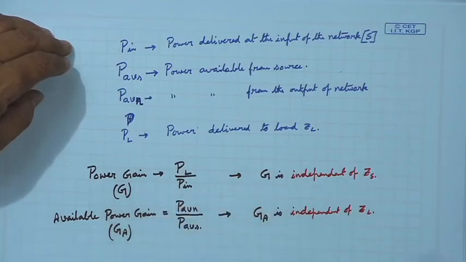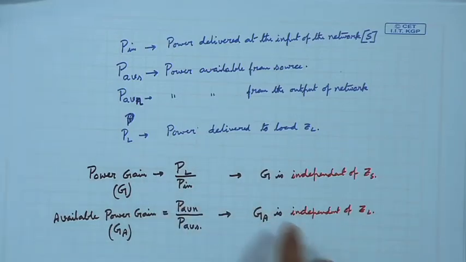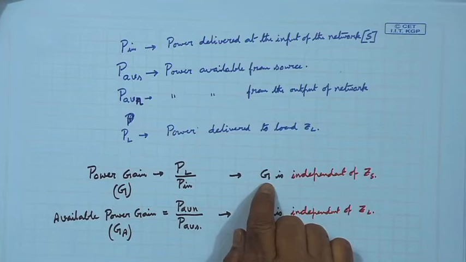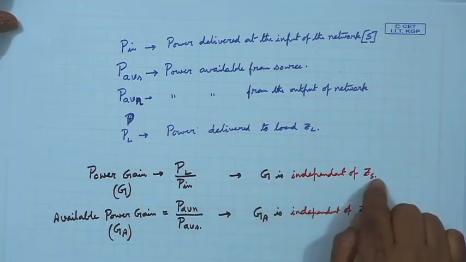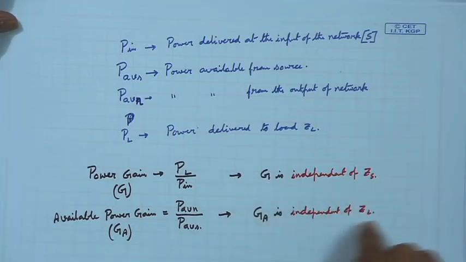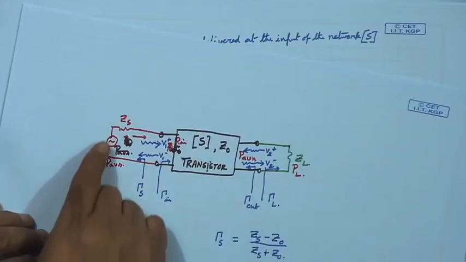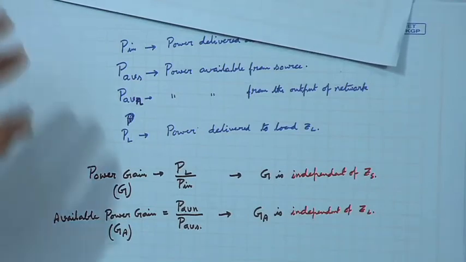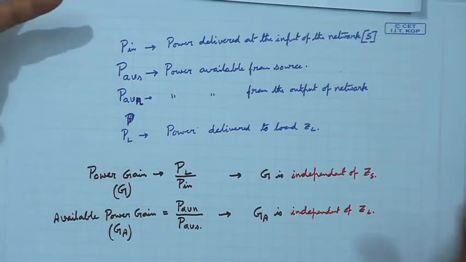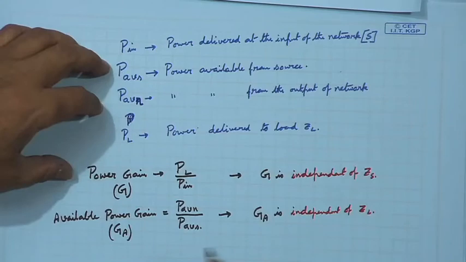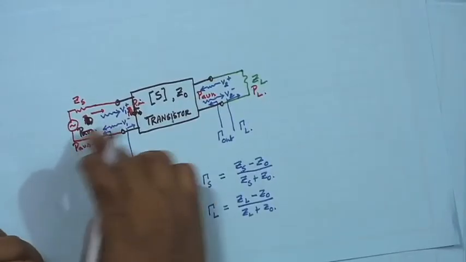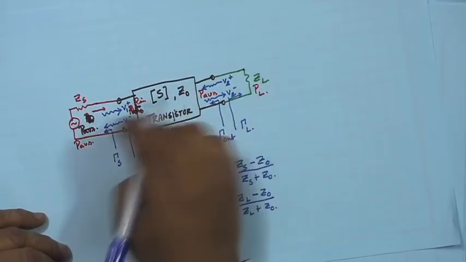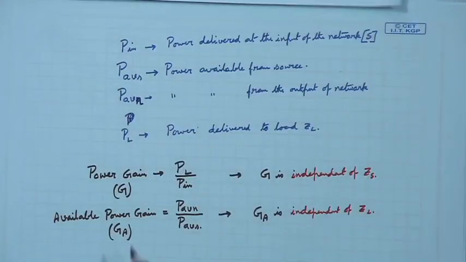So, in both these definitions I am keeping something open: in one case I am not considering the effect of Z_S, in another case I am not considering the effect of Z_L. So, obviously, I need another, because finally my job is how much power I have in the source and how much I am delivering in the load. There will be a final one, which in low frequency we generally consider, but here these powers, depending on the impedance levels, are not all equal. That is why we are doing this.